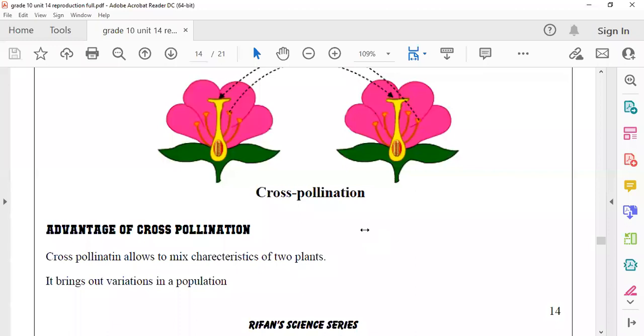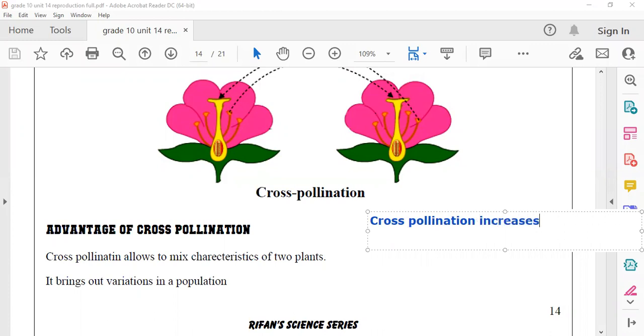Cross-pollination, you can mark that point. I am writing it here. Cross-pollination increases variations while self-pollination decreases variations.